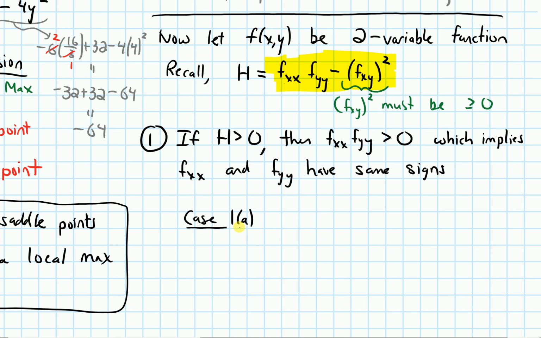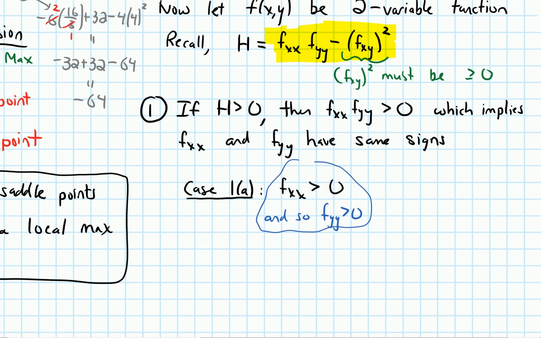In case 1a, let's suppose that fxx is greater than 0. We already know in this situation 1 that both of these terms have the same signs, so that also means fyy would have to be greater than 0.